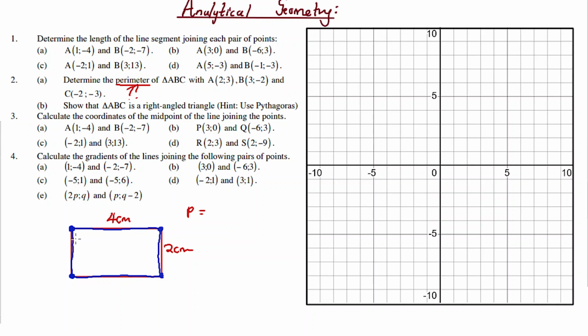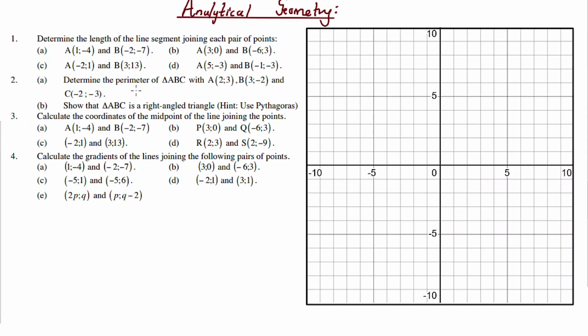They're all added, and the length we get is called the perimeter. So the perimeter is this 4 plus this 2 plus another 4, remember opposite sides of a rectangle are equal, plus another 2 centimeters. This is 8, 10, so the answer should be 12 centimeters as the perimeter. So that is what we call a perimeter.